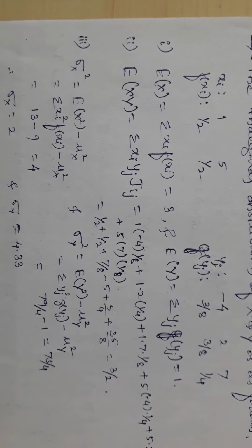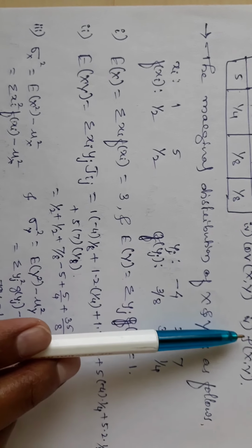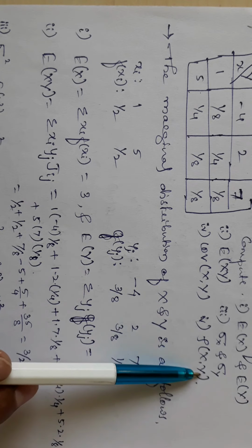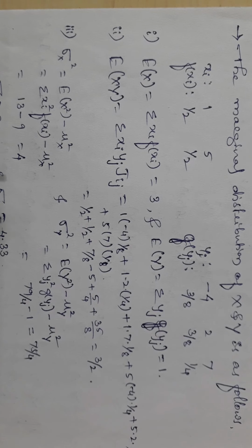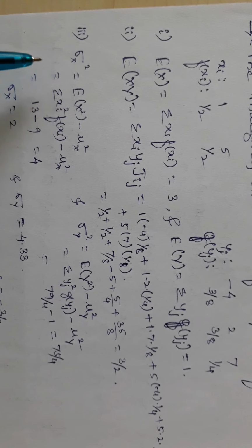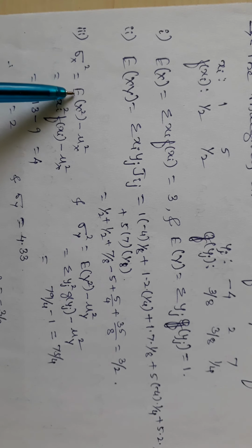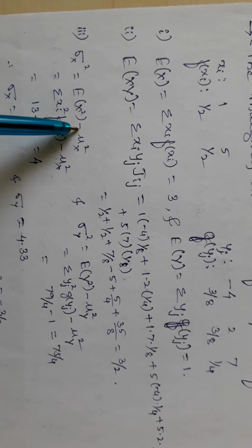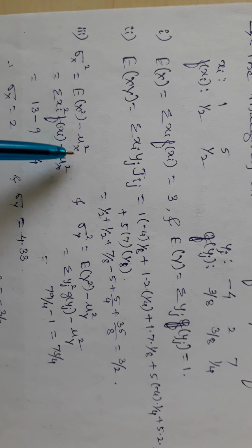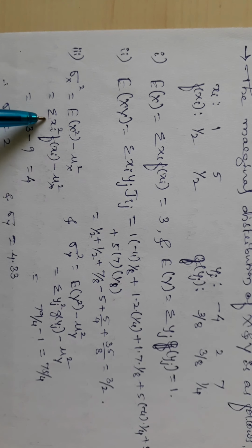Now we need to find the standard deviation of x and of y, but before that we need to find the variance. Therefore, sigma x square is equal to the expectation of x square minus mu x whole square. The expectation of x square is the sum of xi square into f of xi.